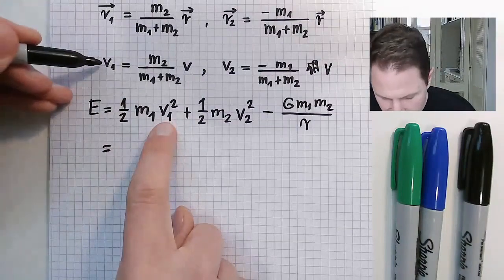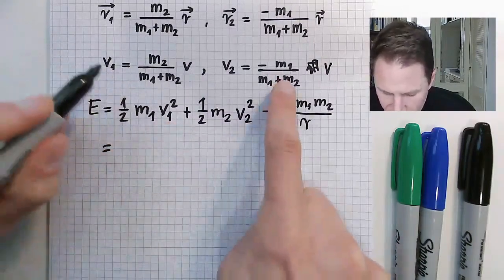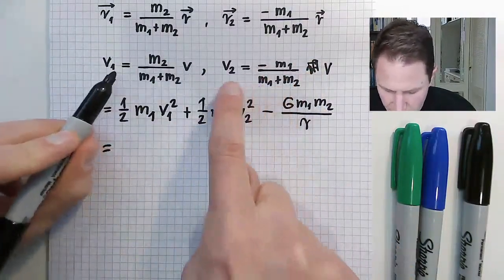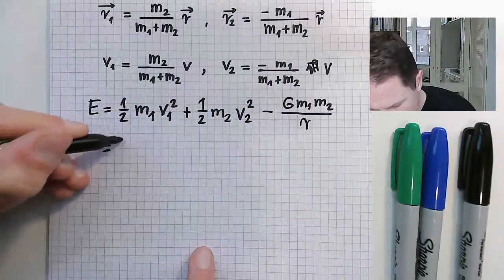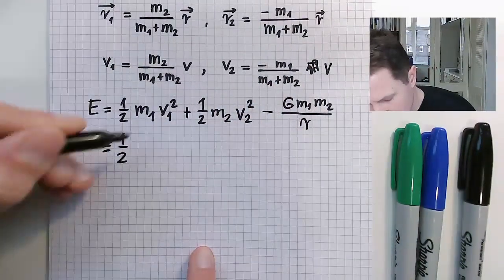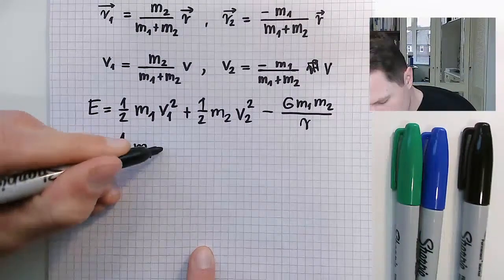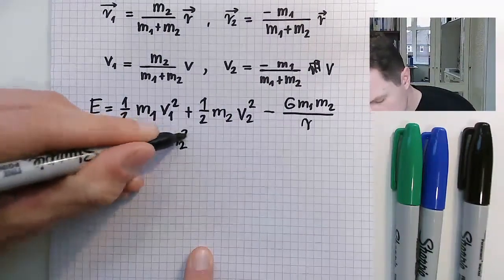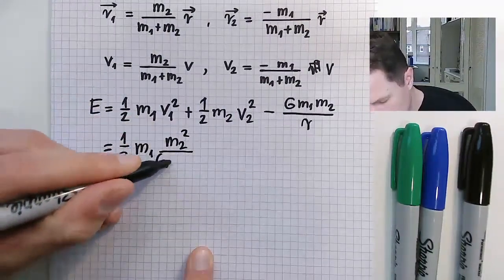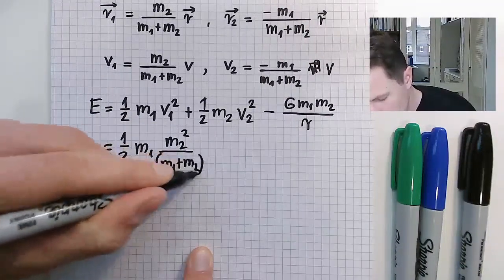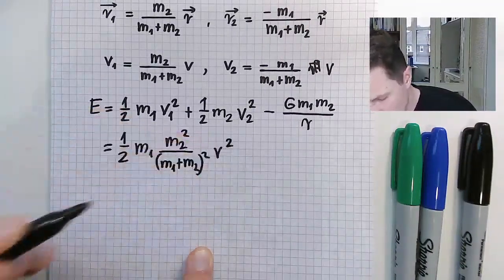So now I can substitute for v1 and v2 these expressions on the right hand side of each of these relations, and what I will get is 1/2 times m1 times m2 squared divided by m1 plus m2 squared, times v squared.